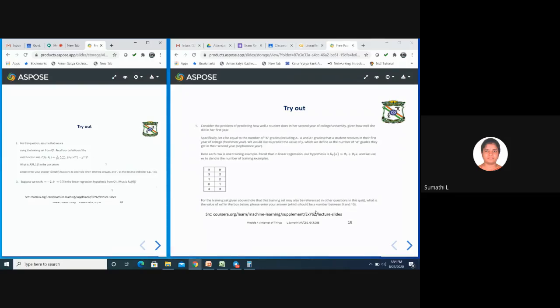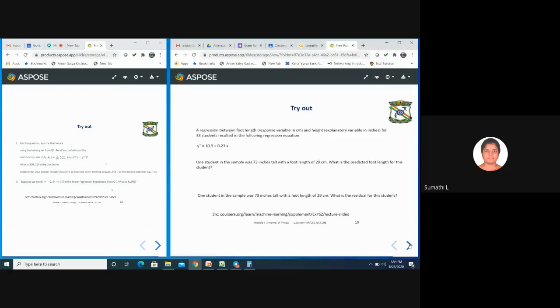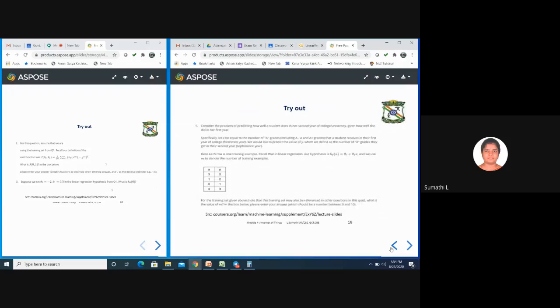For the second, okay, this example we have seen. Then the next question is, suppose you want to set theta naught, right? In the case the theta naught is minus 2 and theta 1 is 0.5, right?